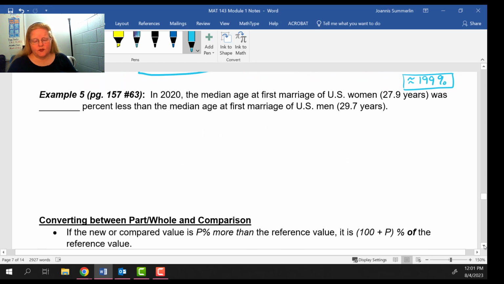Example 5 says, in 2020, the median age at first marriage of U.S. women was 27.9 years. And that was blank percent less than the median age at first marriage of U.S. men, which was 29.7 years. They want to know what percentage less it was.